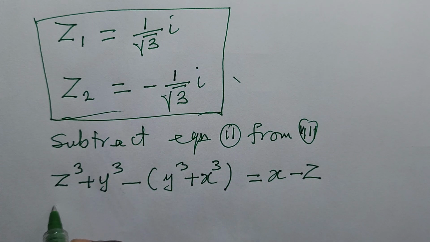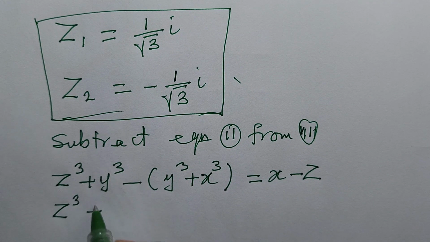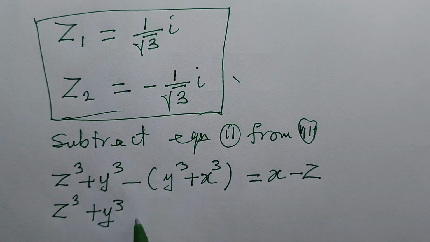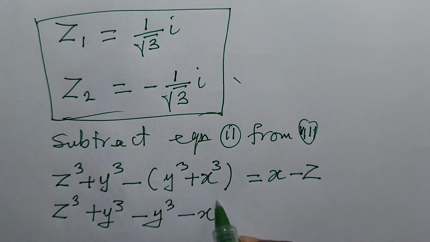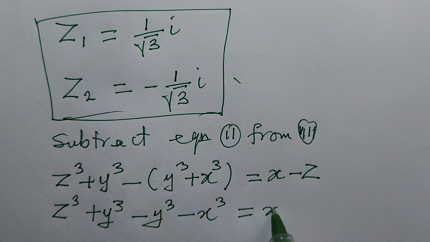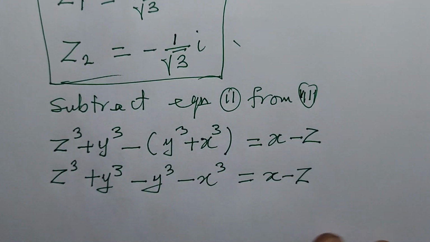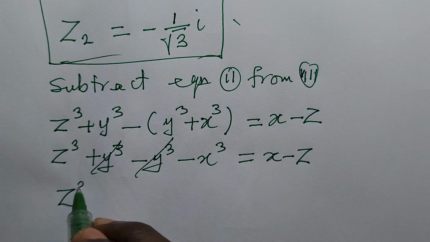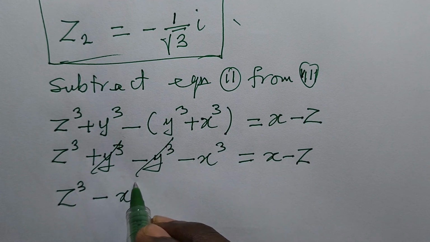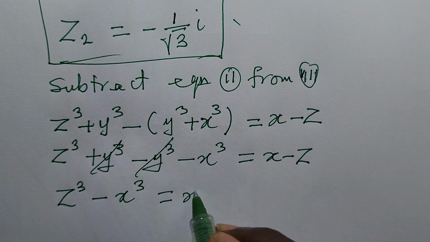If we open this up, we have z to the power of 3 plus y to the power of 3 minus y to the power of 3 minus x to the power of 3 equal to x minus z. So this leaves us with z to the power of 3 minus x to the power of 3 equal to x minus z.